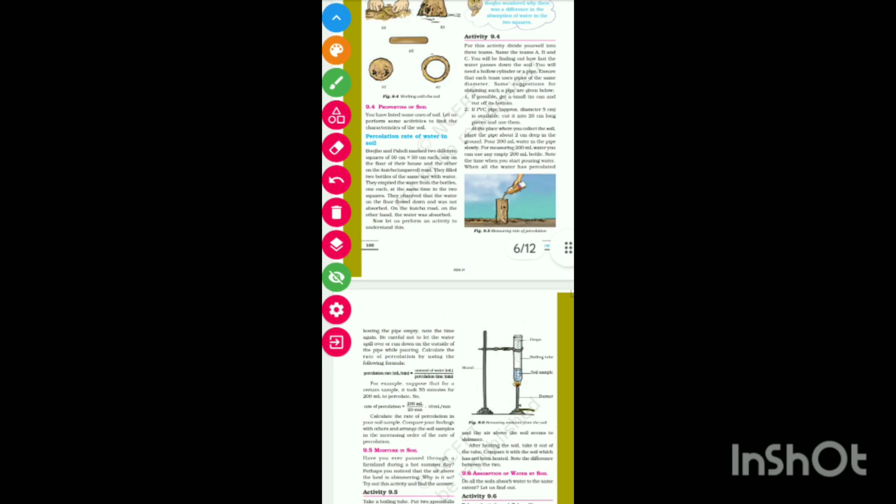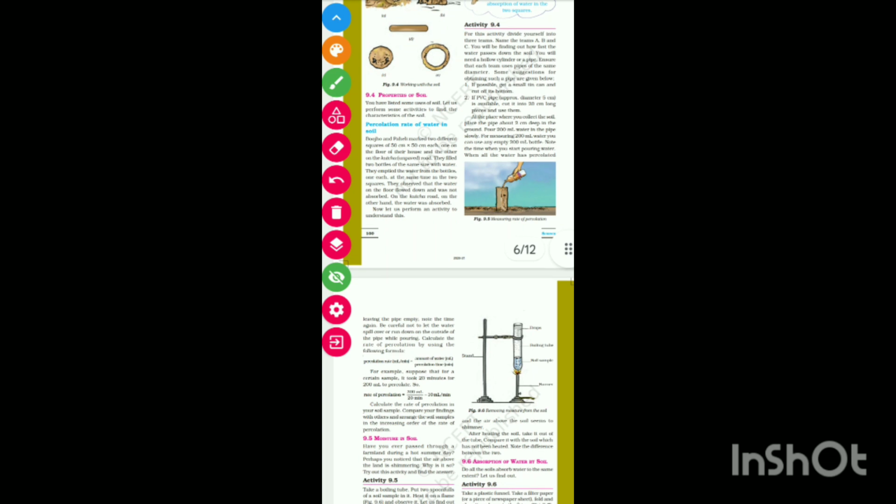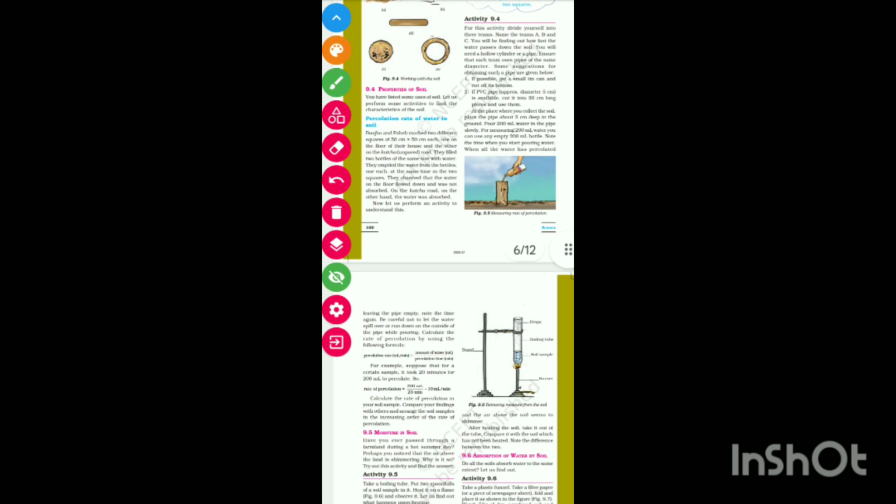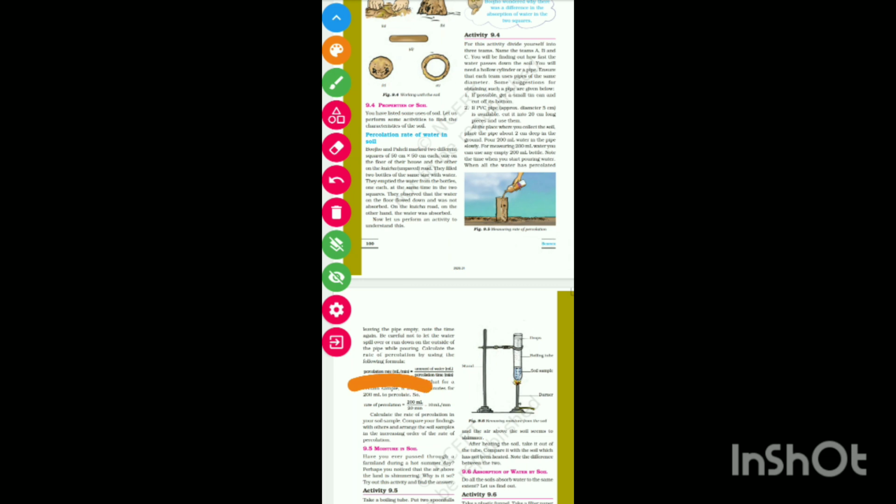what is the percolation rate? There is a formula for the percolation rate. Percolation rate equals amount of water in milliliters divided by percolation time in minutes.